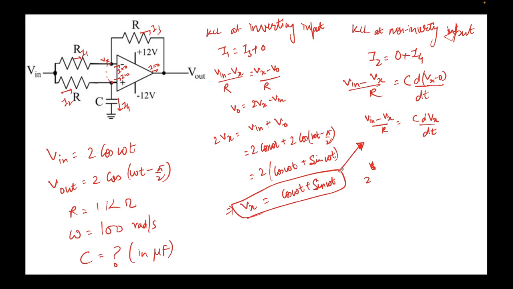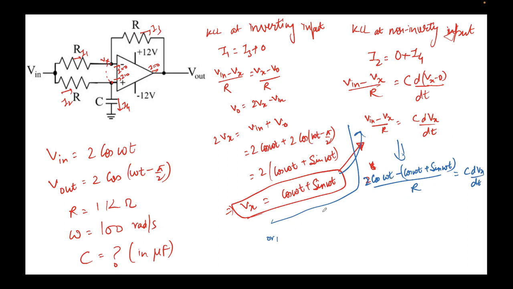So we get (2 cos omega t, that's the value of Vin, minus Vx, where Vx is cos omega t plus sin omega t) divided by R equal to C dVx over dt. I'll solve this, don't worry. So one cos gets cancelled, so we get (cos omega t minus sin omega t) over R equal to C times the derivative of Vx.